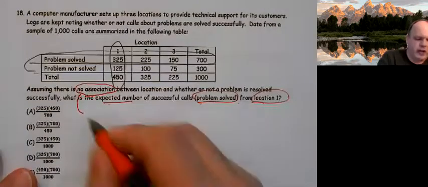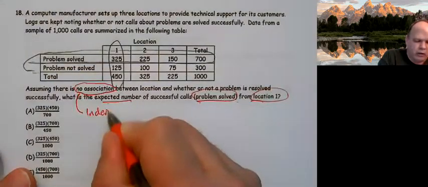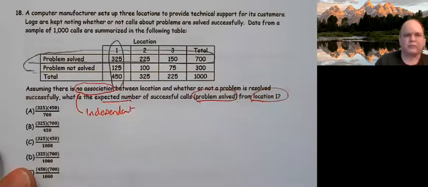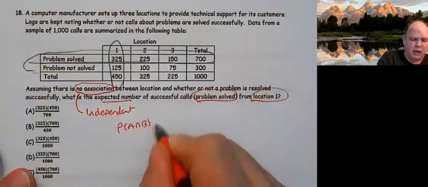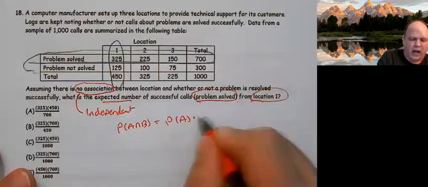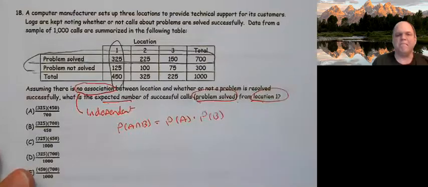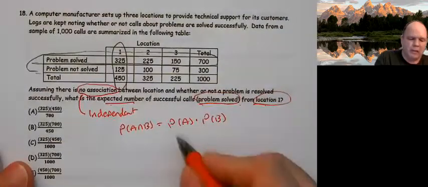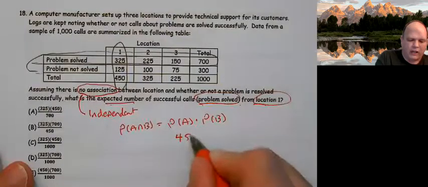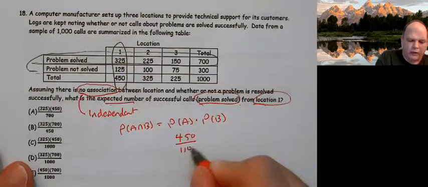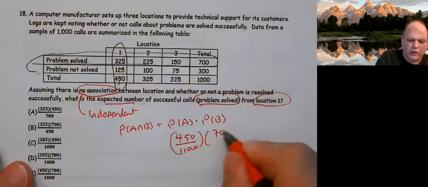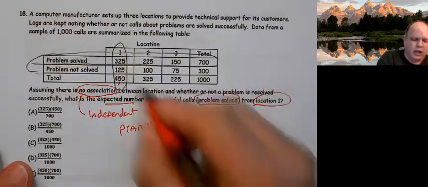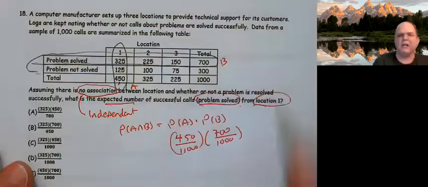If there's no association, we're saying they're independent, which is the probability of A and B equals the probability of A times the probability of B. So the probability would be 450 over 1,000, that's for this, times 700 over 1,000. I'm going to assign this to A and this to B.